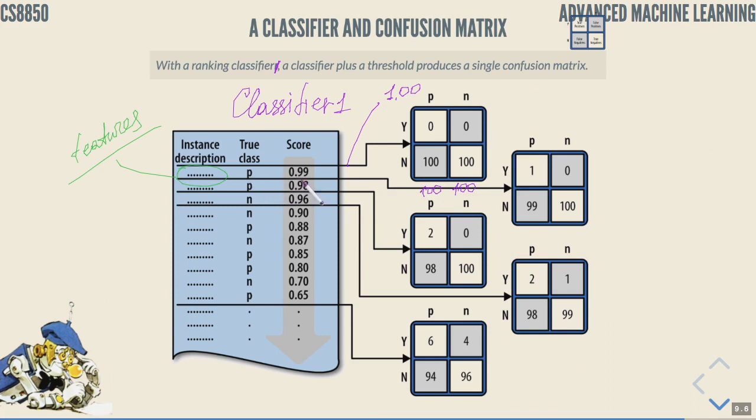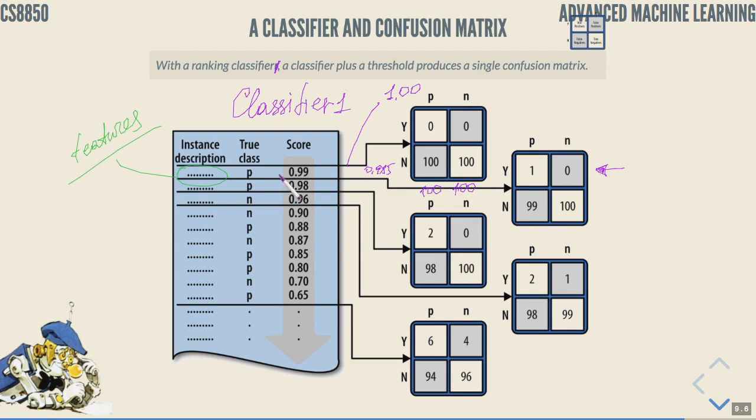Then we set the threshold to 0.985, slightly above the last sample, but below the second to last sample. So only the last sample makes it through this threshold. That means the model assigns it to the responders class, or to the positive class.